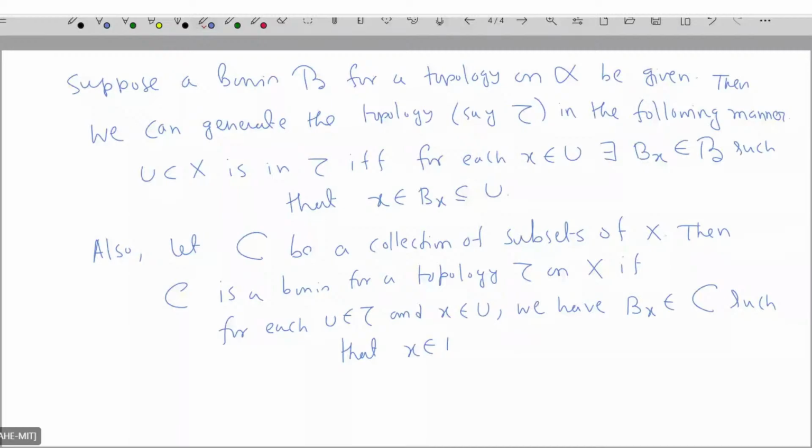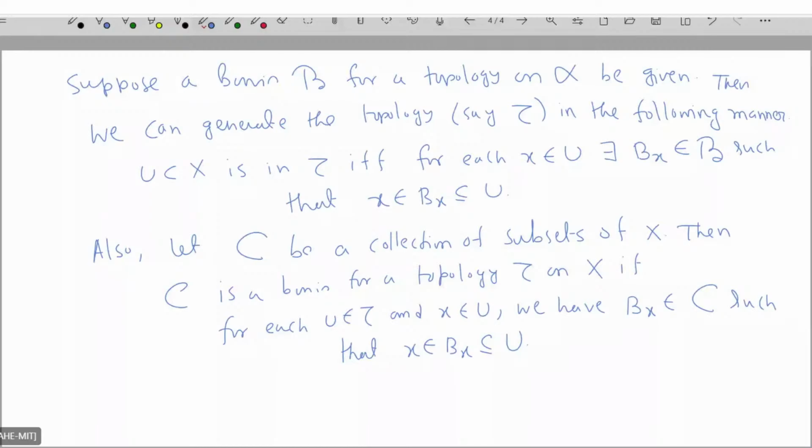So what's going on? Suppose a topology is given and you want to check whether a collection of subsets of X is a basis for the topology or not. How to check it? If we choose an element U from tau and x is a member of U, then there will exist a member Bx from that collection which will contain x and will be inside of U. Then you know that it's a basis for that topology.